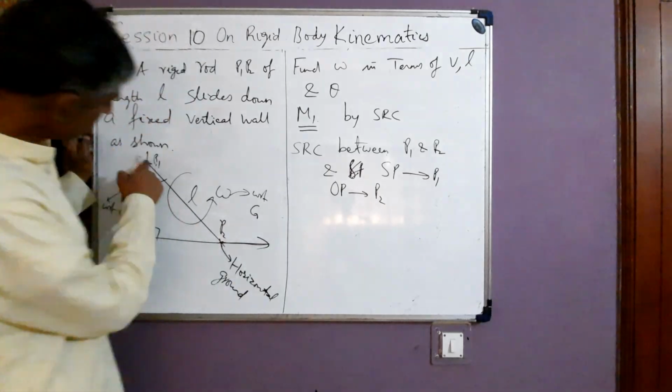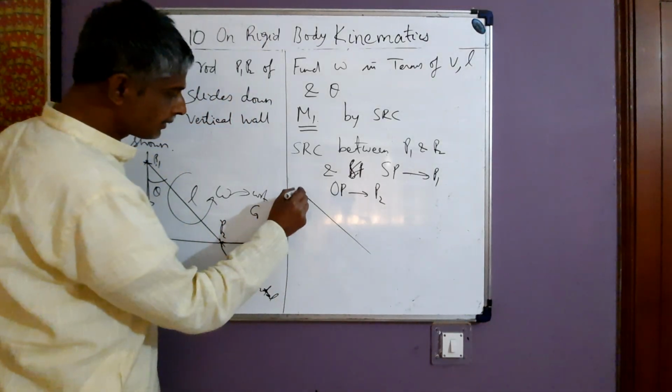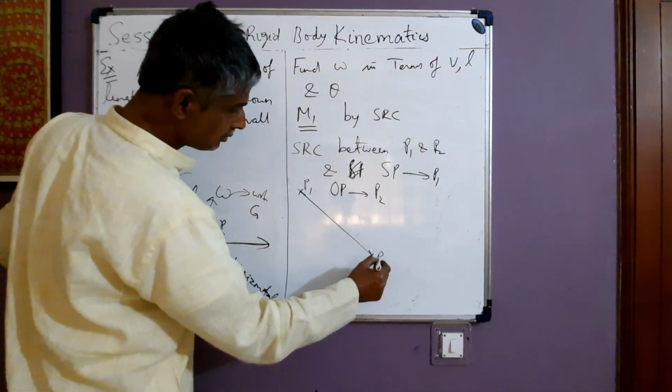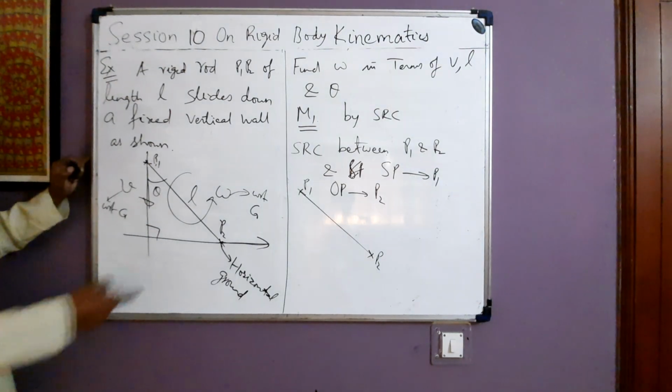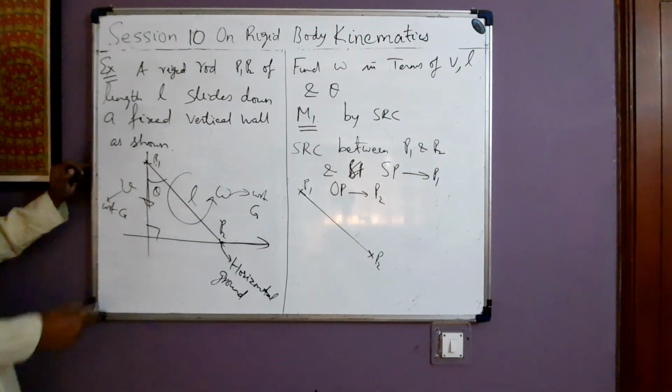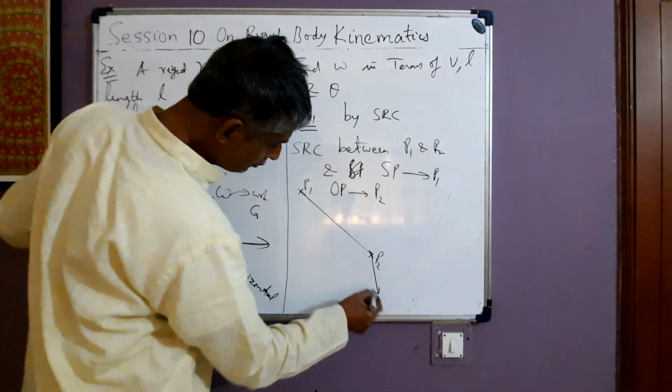Now I draw the line joining SP and OP, which is just the rod itself. This is P1, this is P2. Now I give the velocity of SP, which is V in the downward direction.